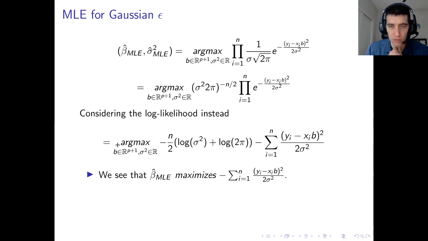The maximizer will be my beta hat MLE, my maximum likelihood estimator for the beta term. So if I want to maximize this whole quantity in b, well, this quantity doesn't matter to me, right? There's no b's in it. So maximizing this quantity is the same as maximizing this quantity in b, just considering the b for the moment.